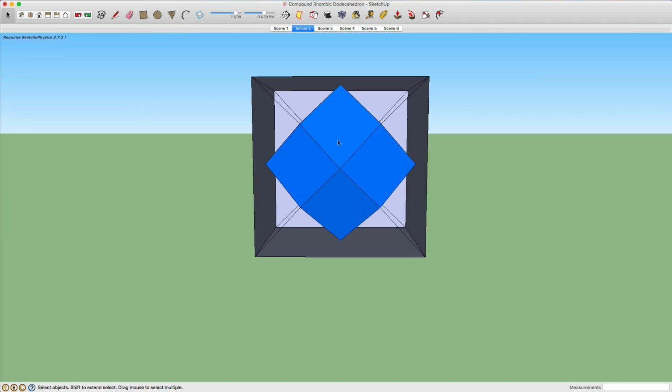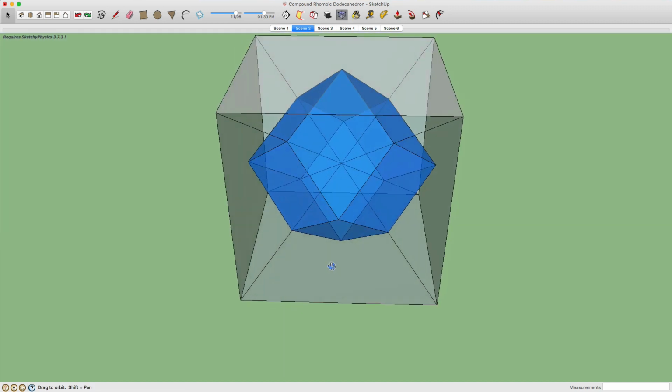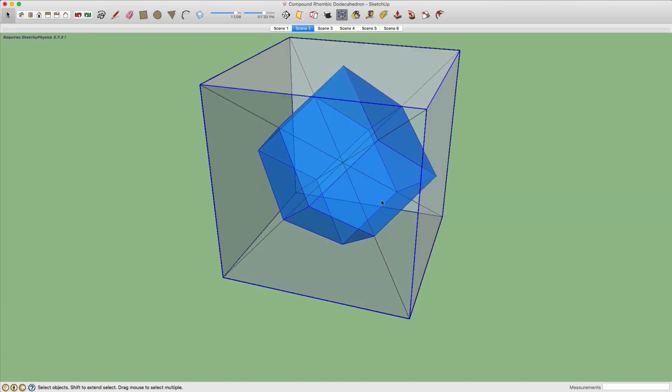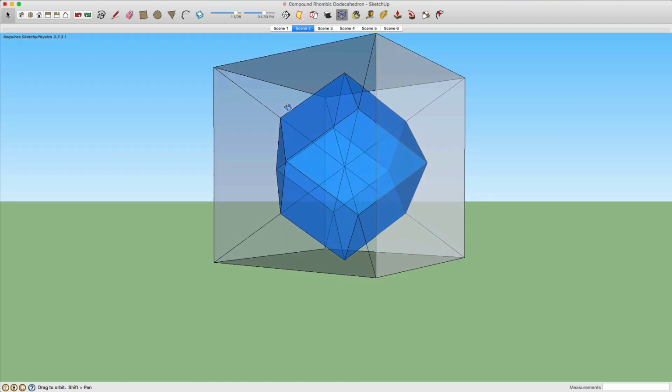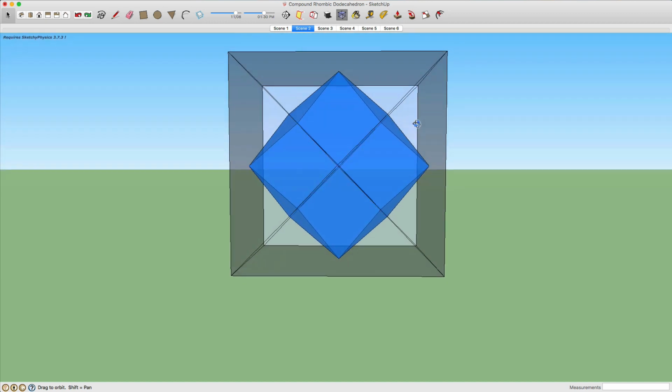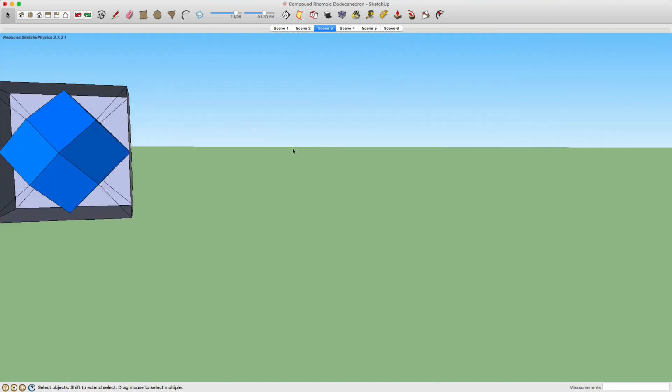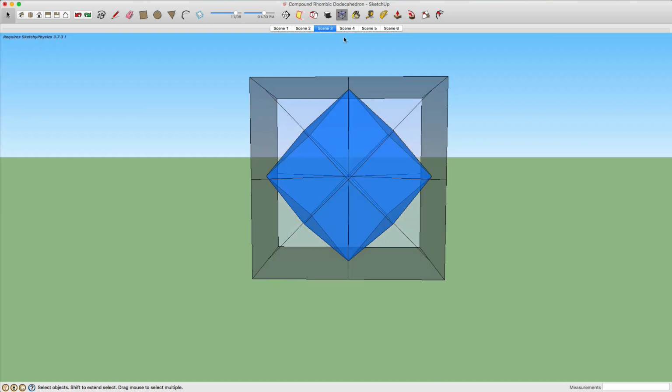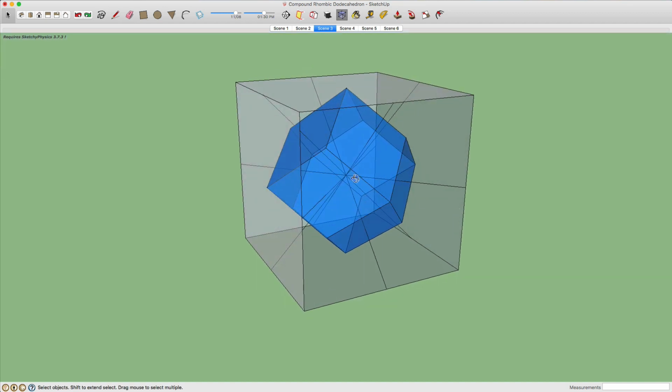The cube's 3-fold symmetry is coincident with the oblique vertices of the rhombic dodecahedron. Finally, the 2-fold axes of symmetry of a cube are centered on opposing faces of the rhombic dodecahedron.